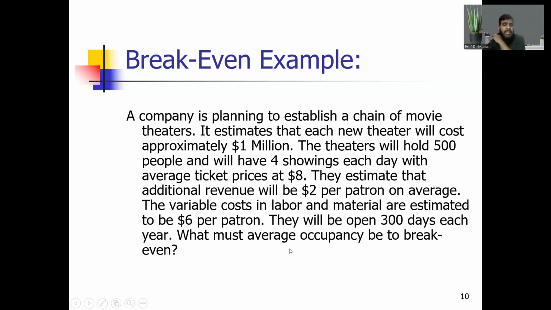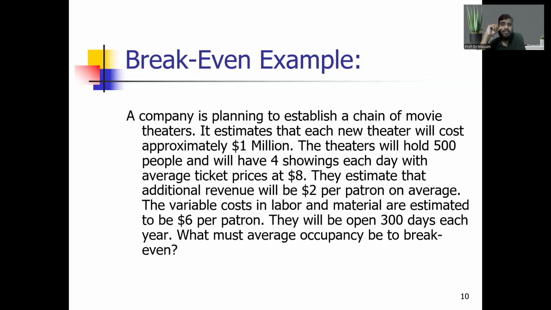So you have to calculate the number of patrons. Patrons means those who will go to the theater. So here, to calculate the break-even point, you need 3 most important pieces of information. 1, selling price. 2, fixed cost. And 3 is variable cost.